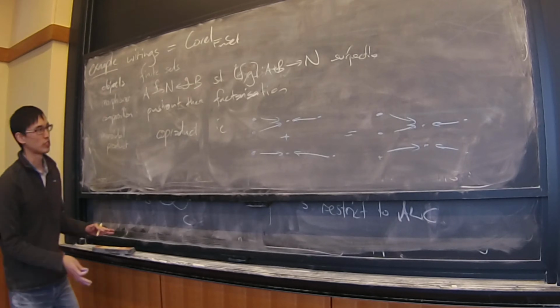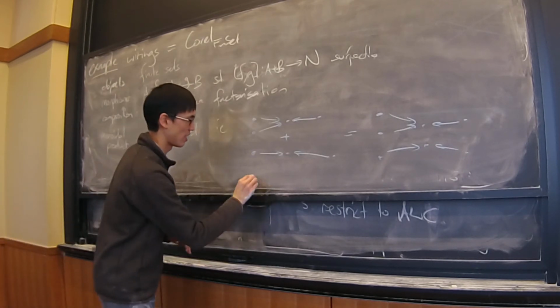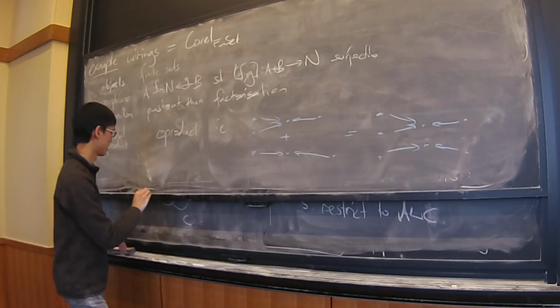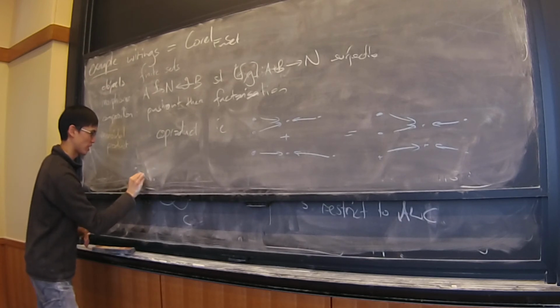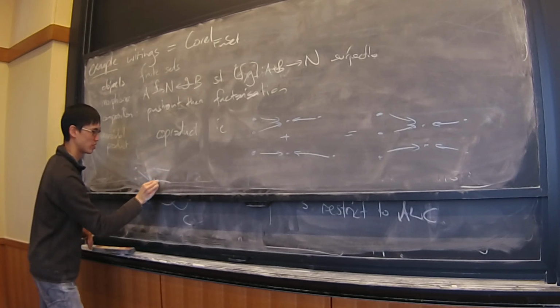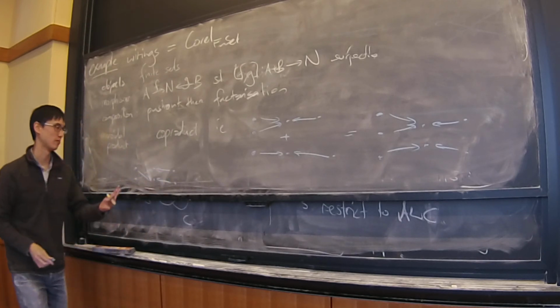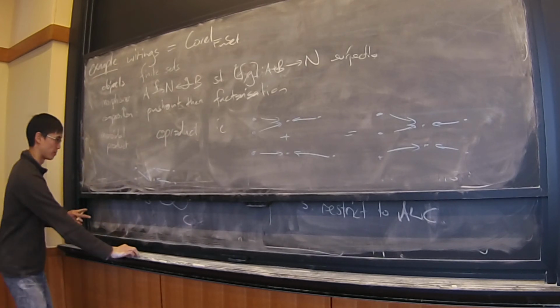And in fact, this is symmetric because we have a wiring that goes like this, where we have two sets and we just kind of cross them over. So this kind of idea generalizes to the symmetry.